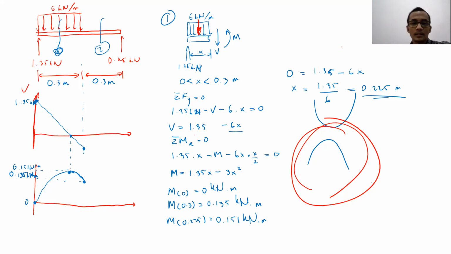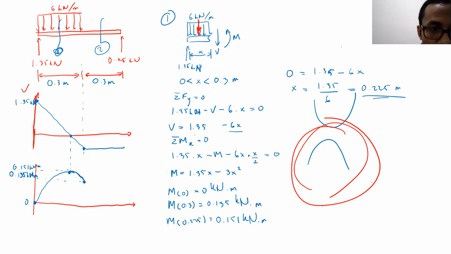Okay. Later, if you calculate again, in the second section, the value of the phi will be minus 0.45, constant until the end.